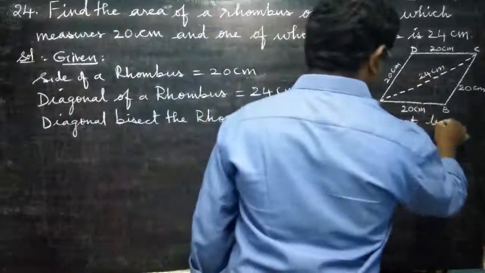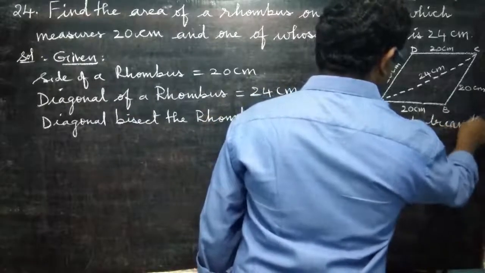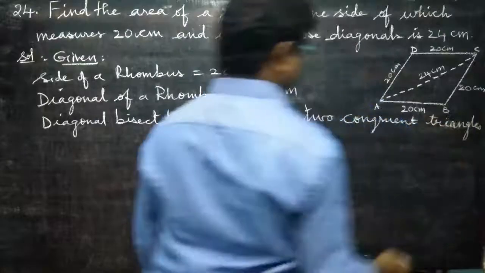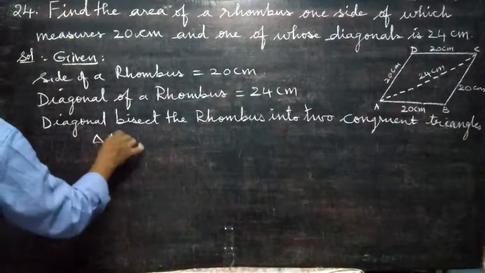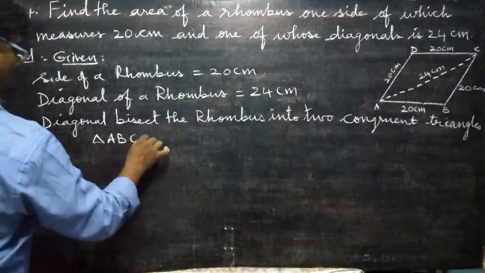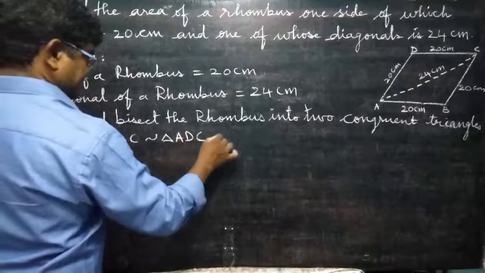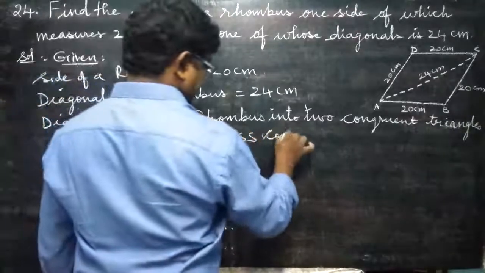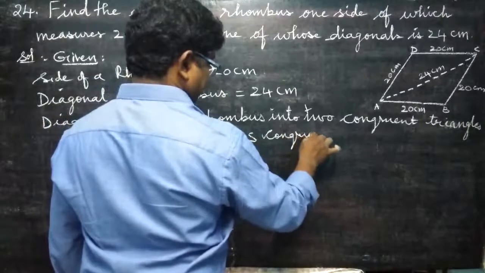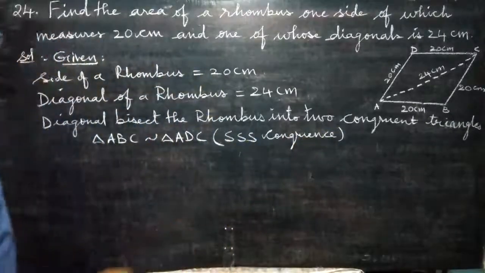Triangle ABC is congruent to triangle ADC, by SSS congruency. We will be learning that. Already you know these congruencies.